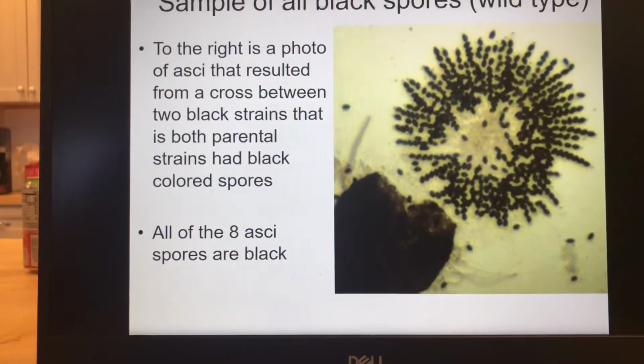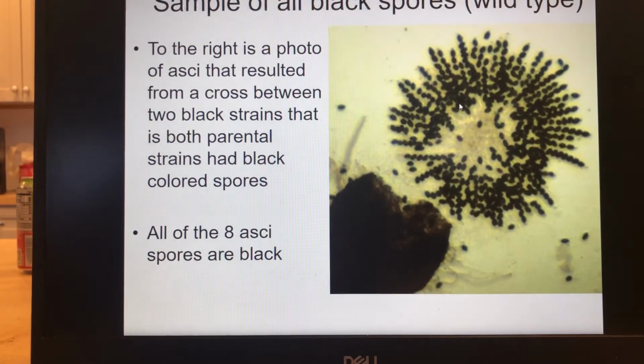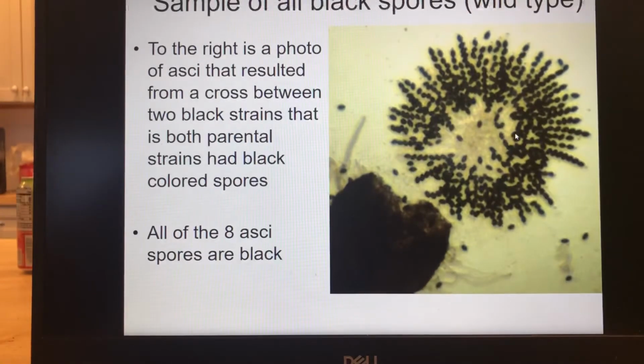All right, so the wild type, or what we're going to call the wild type, is the black color of these spores. And if you had 2 black strains coming together, then the cross of 2 black strains is going to produce all black spores.